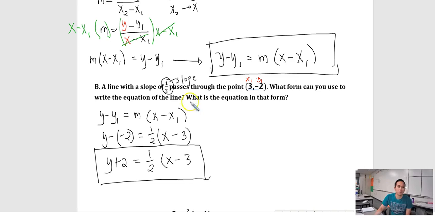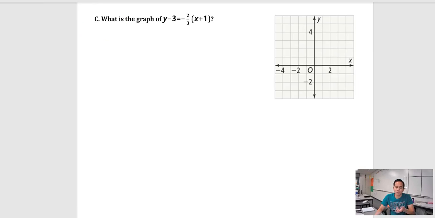Next example: how are we going to graph an equation given in point slope form? I'm going to discuss that in our next example.